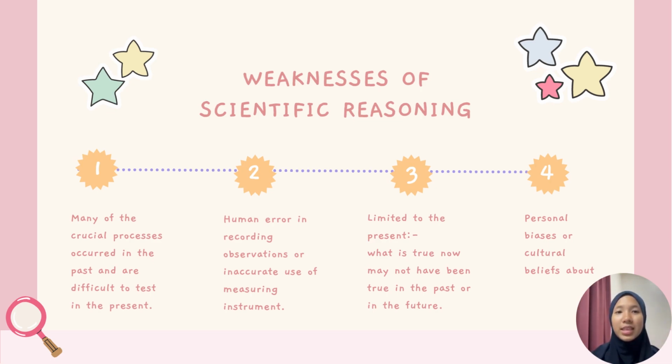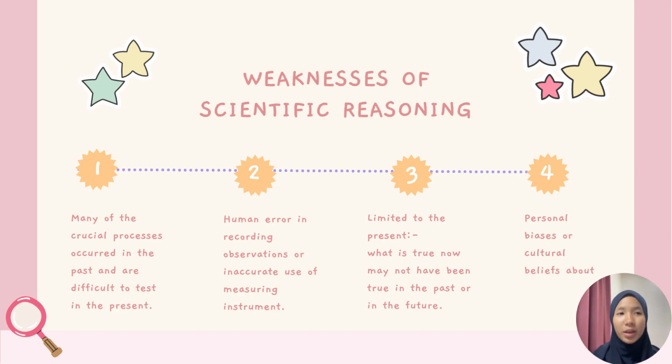So the weakness is many of the crucial processes occur in the past and are difficult to test in the present because both of these experiments are very important and they happened in the past and are difficult to test in the present because of several factors such as environmental and so on.